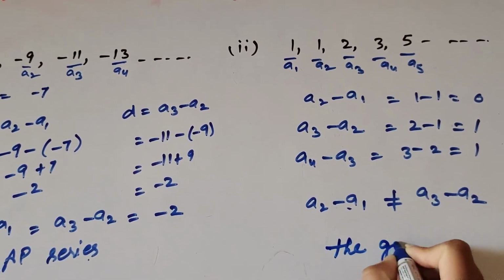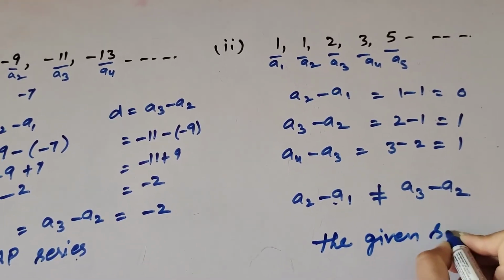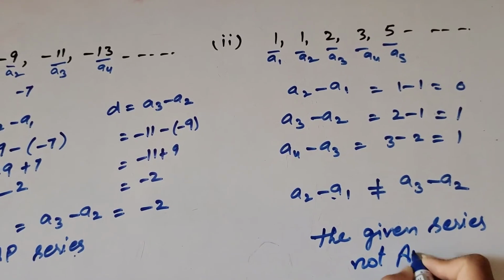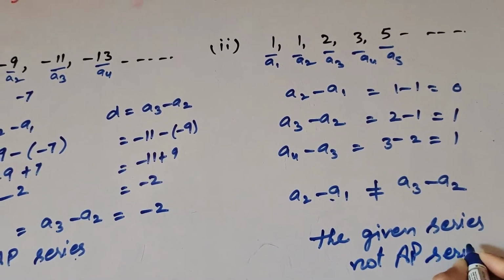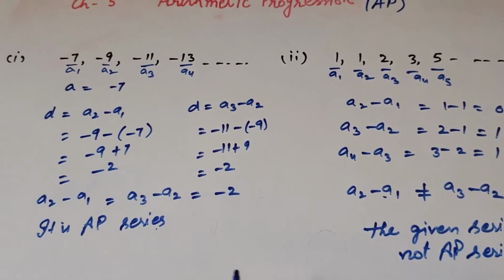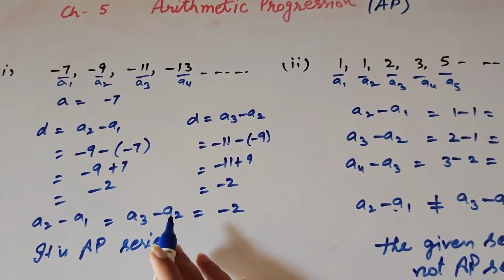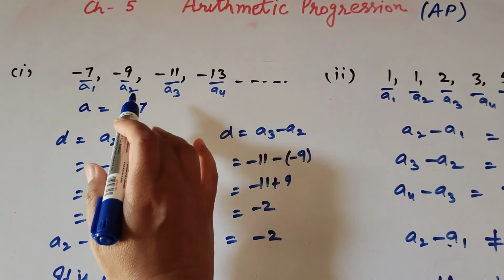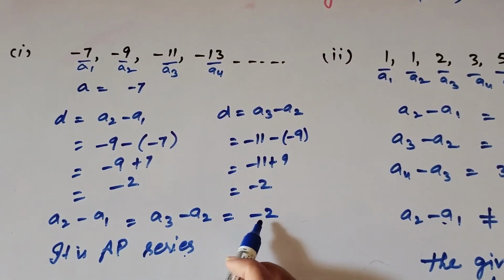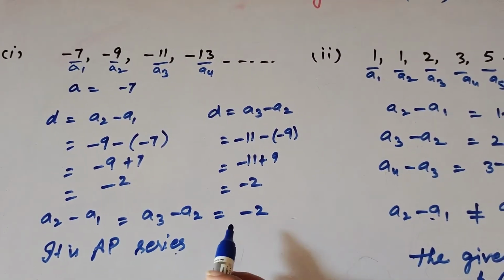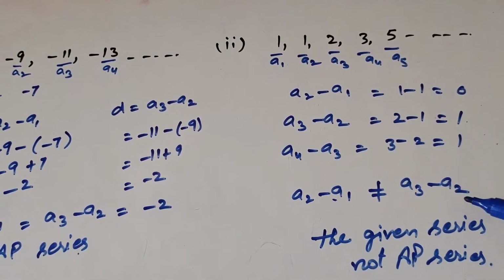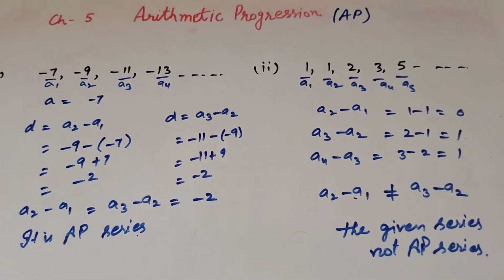In the first series, the difference is equal, the common difference is equal to minus 2, so it is an AP. So any series is AP if their difference is equal. If their difference is not equal, then it is not an AP series.